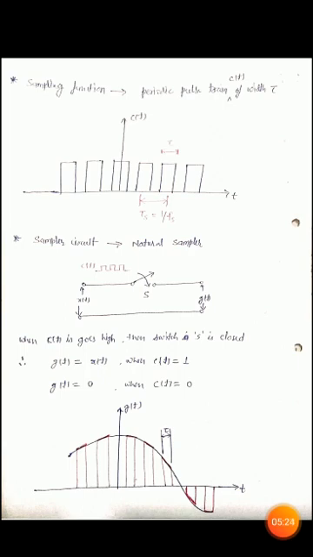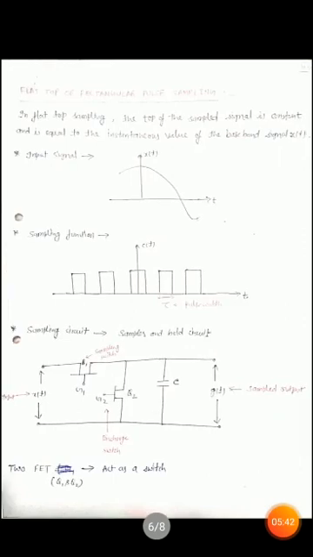This is the diagram for the natural sampled signal, and from it we can see that the tops of the pulses vary according to the instantaneous value of the input signal. So the top of the pulses does not remain constant in natural sampling. This is the drawback of natural sampling. To avoid this problem, we use flat top or rectangular pulse sampling.